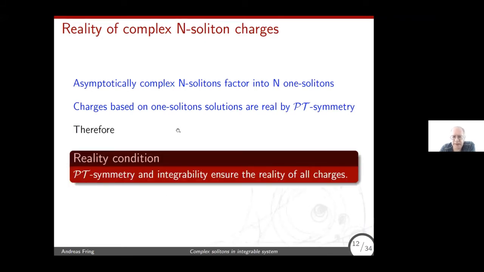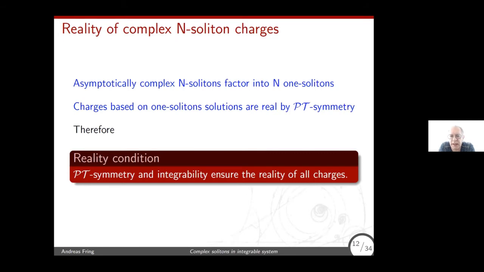And that means we can refer back to our original argument on PT symmetry. So the reality of the one-soliton can be guaranteed by PT symmetry, the reality of a two-soliton as well. When I use these little shifts, I can always reintroduce a PT-symmetric solution.